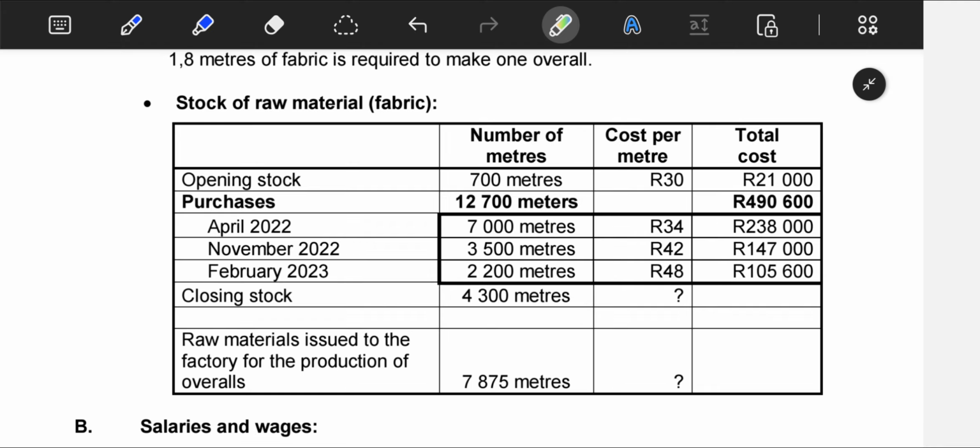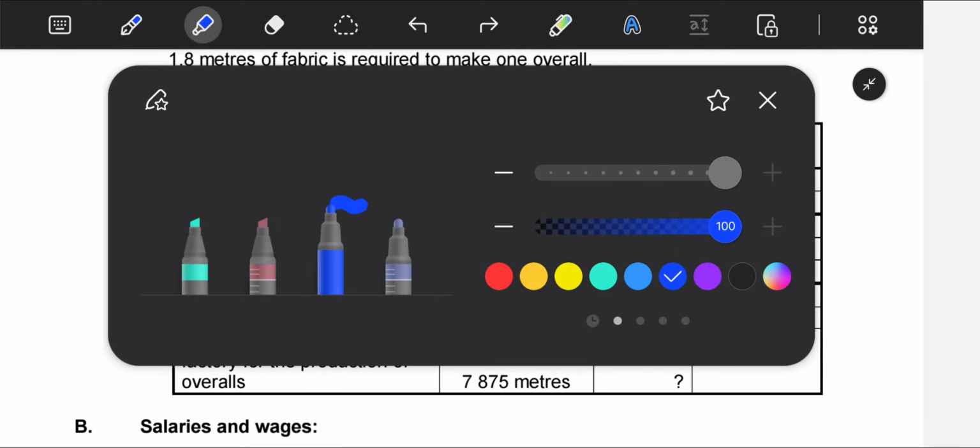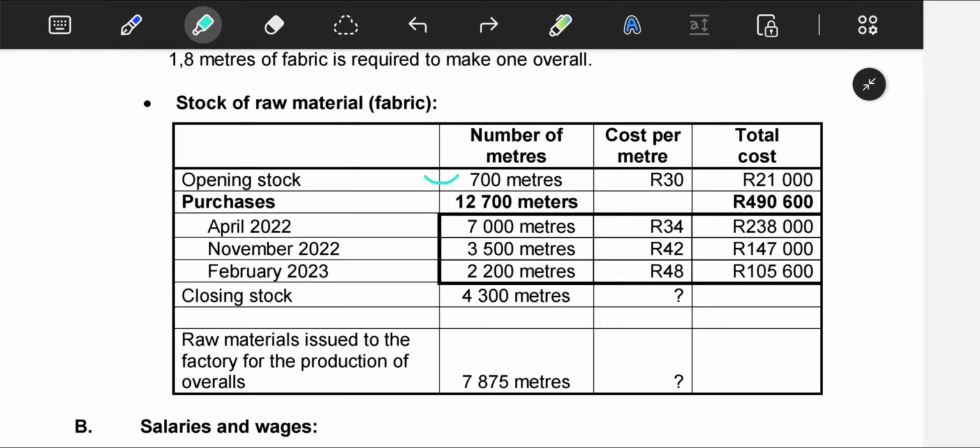Right. So if we use first in, first out, it means that out of the raw material that has been issued to factory for production, we started by issuing this one, and then this one, up until this one. Right. So this is our opening.